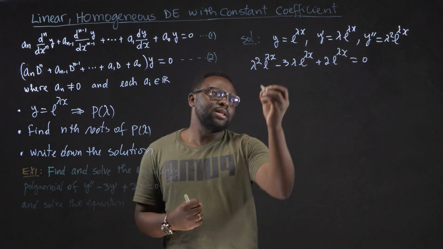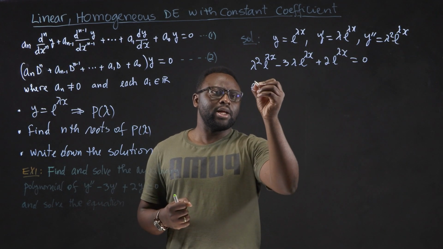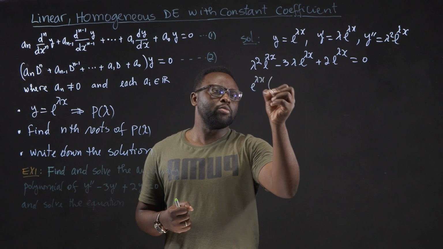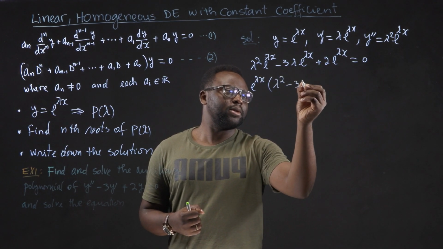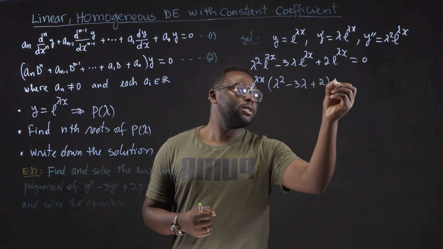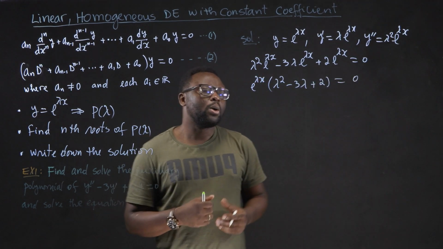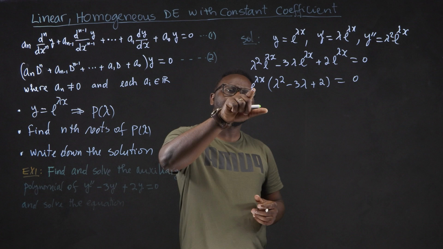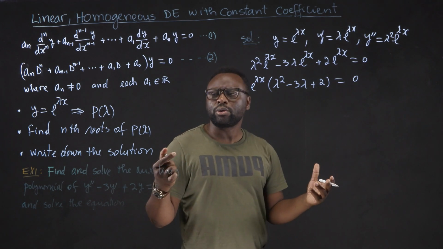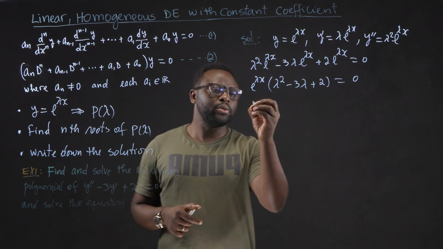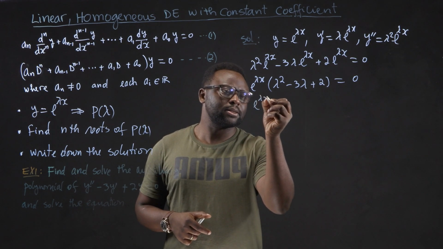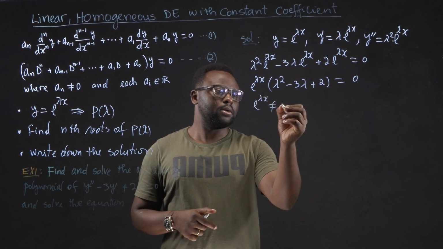All right, at this stage, we can factorize. Let's write it like this: e to the power lambda x, bracket, lambda squared minus 3 lambda plus 2, is equal to 0. We know that this e to the power lambda x cannot be 0 because it is the form of our solution. So we know that e to the power lambda x is different from 0.